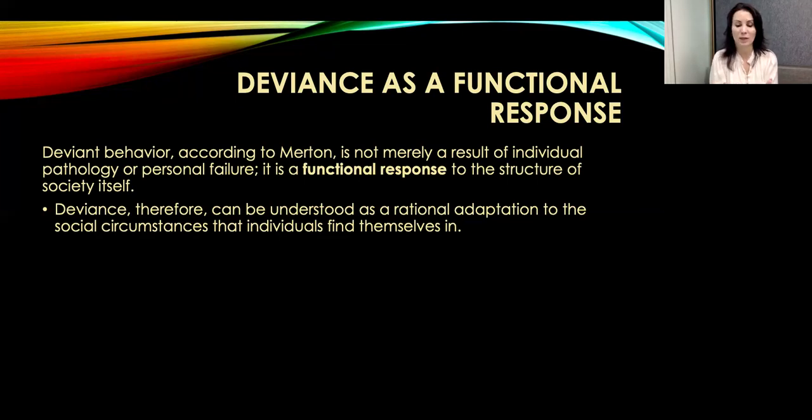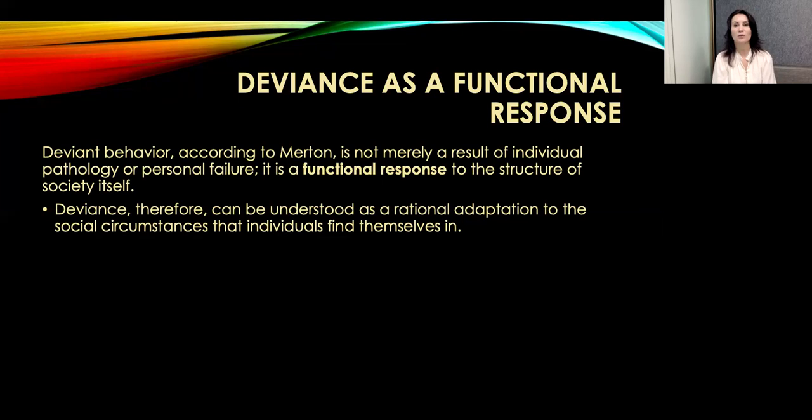Norms will define what is right and what's deviance, right? That's why the stricter the laws, the more defined deviance is: this is the norm and this is deviance. And when people do deviate from norms, that is also a functional response to societal norms or measures.